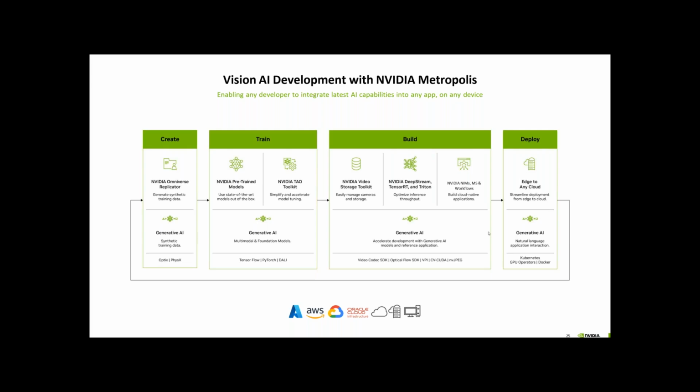And lastly, there are NVIDIA microservices. So increasingly, we are building more and more microservices because we understand that sometimes using SDKs can be complex, and maybe you don't have a lot of AI developers in your organization.